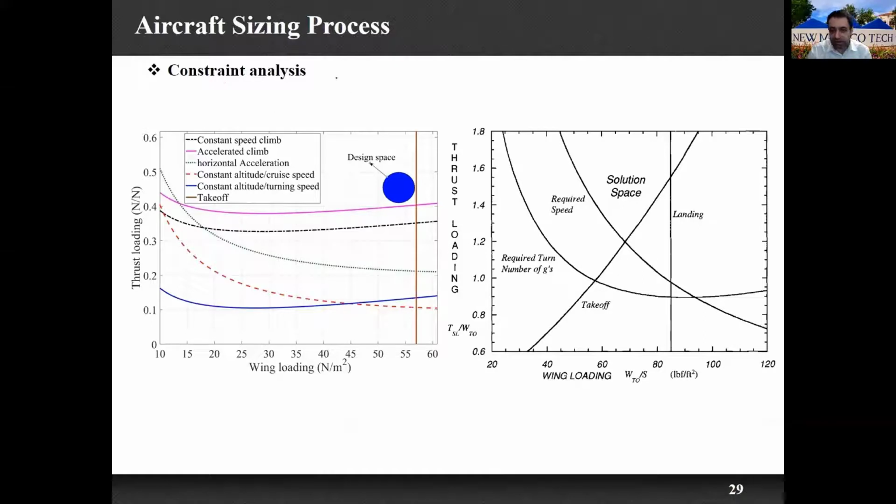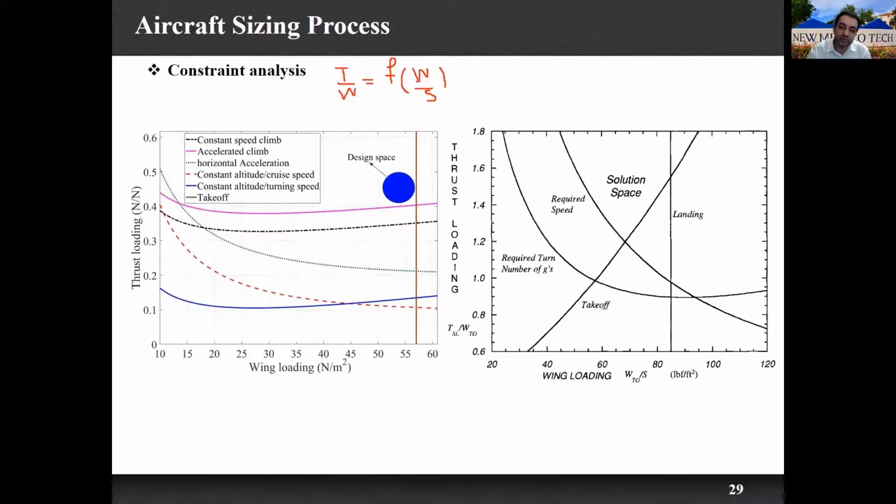The equation for constraint analysis, if I want to simplify it, was thrust loading as a function of wing loading. Right?